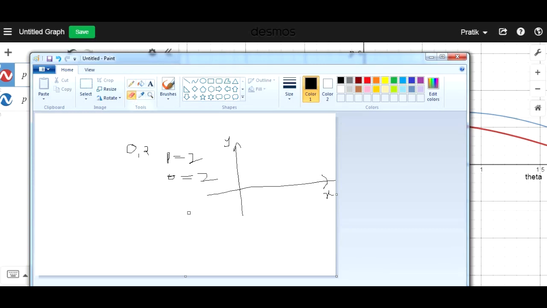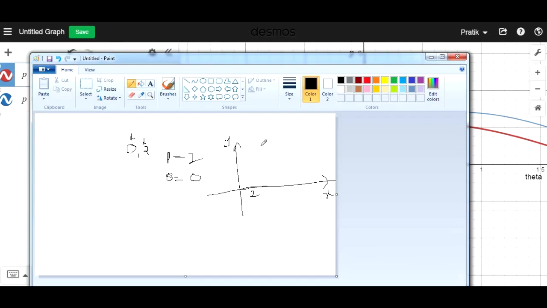I made a mistake over here. Theta is equal to 0 means it is this, and p is equal to 2 means the distance from the origin to this line will be 2.